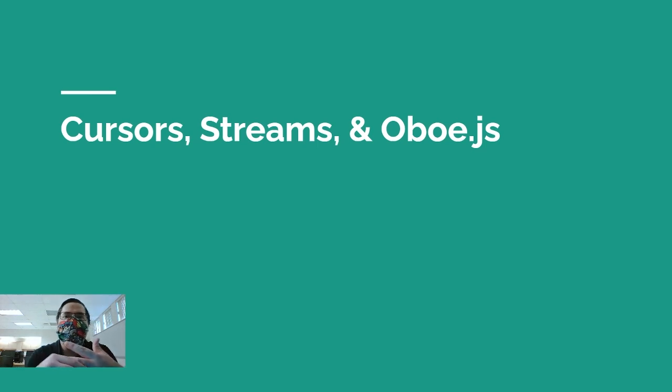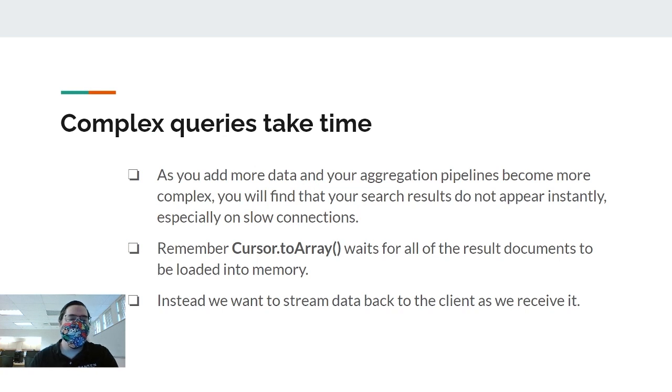The important thing is to try and process the data piece by piece rather than all at once. So that's where we need to talk about what cursors are, what streams are, as well as something called Oboe. This is not necessarily the only tool in the game, but it's an important tool in making this whole picture work.